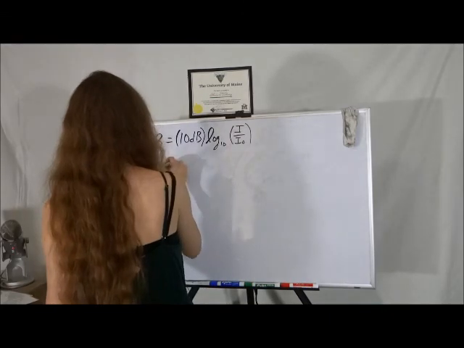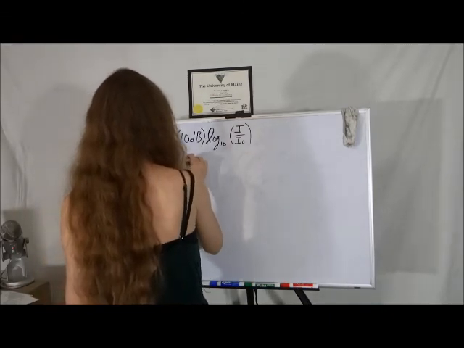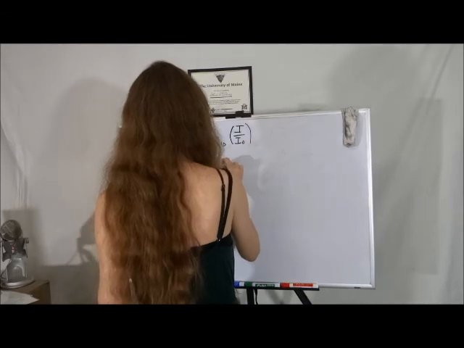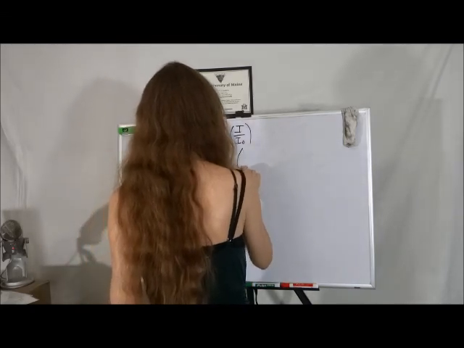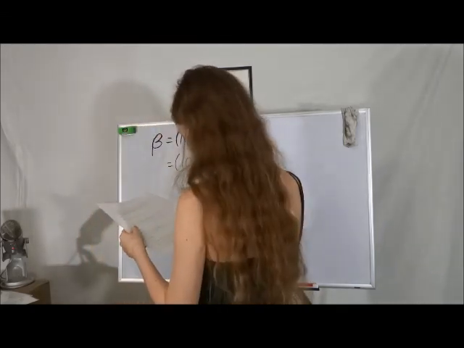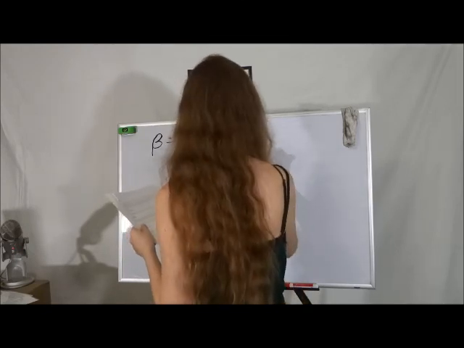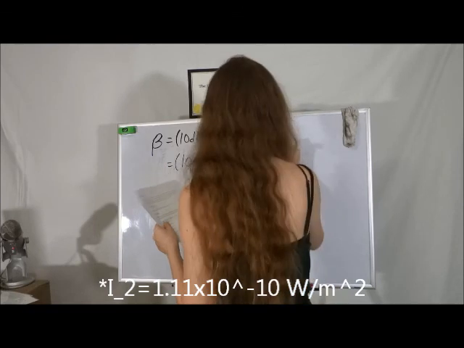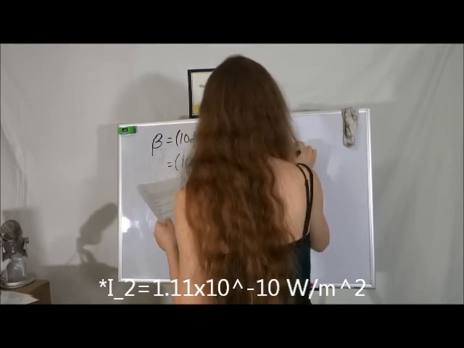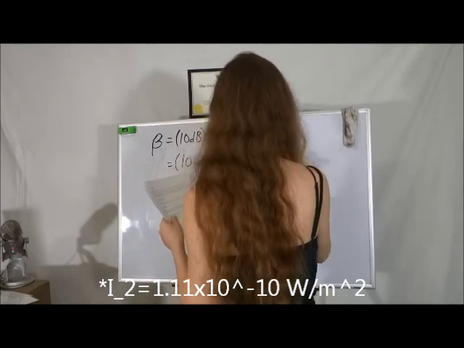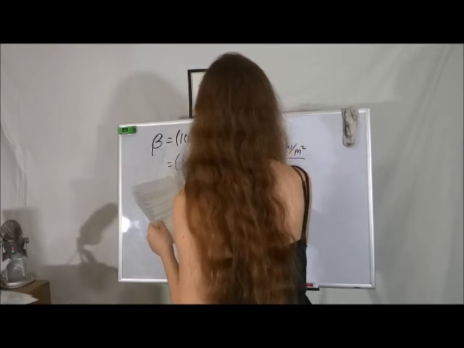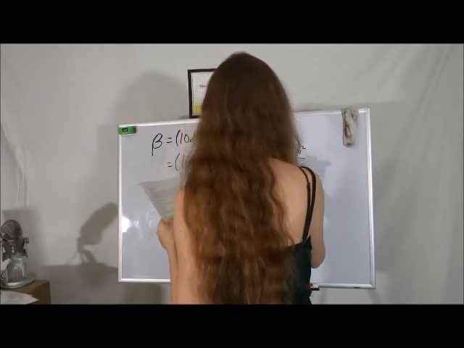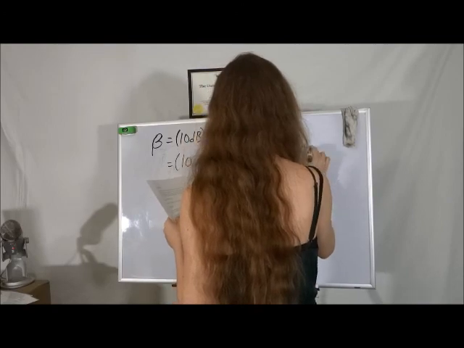So this is going to be 10 decibels times log base 10, and our new I we found was 6.67 times 10 to the minus 9 watts per meter squared. And then I naught is 1.0 times 10 to the minus 12 watts per meter squared.